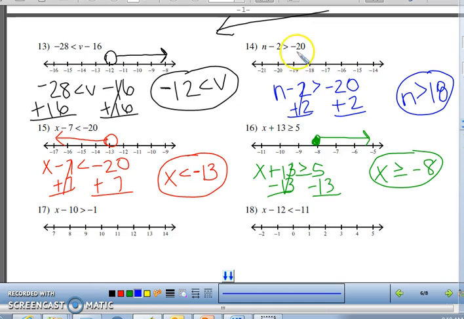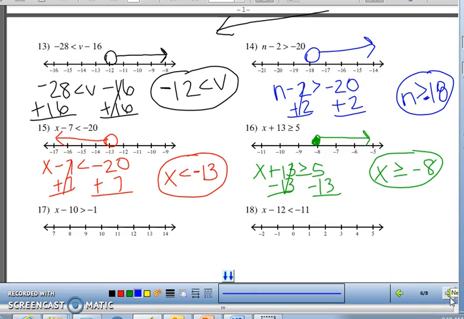I just realized on number 14 I didn't graph, so real quick. Oh, and this is negative, so you got that part wrong. So open dot, and the numbers that are greater than, or this way. Sorry about that. So, over here though, notice that the arrow trick didn't work with the less than symbol, because negative 12 is less than negative 11. Negative 12 is not less than negative 13, so just be careful on that one.